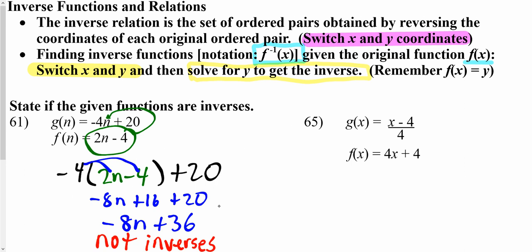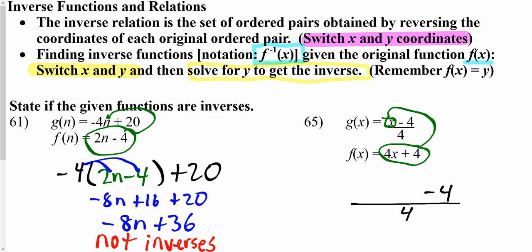Now, we need to try to do that same thing over here on the right. We need to take one function and plug it into the other. So we're going to take this and try to plug it in right here. So our top function says input minus 4 divided by 4. Plug our bottom function in for our x up there, and we need to simplify this down.